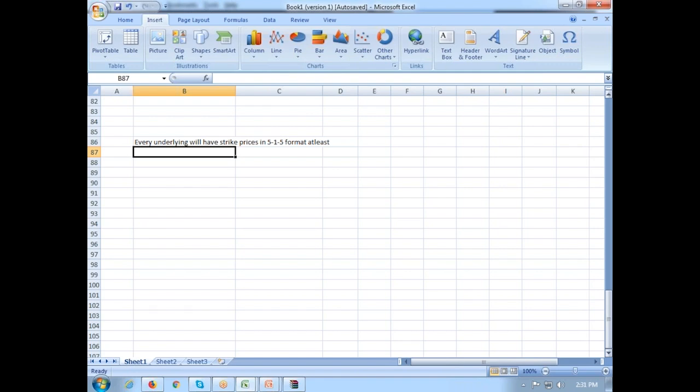That could be more than that. 515 means if right now a stock is trading at 1000, there will be 1000 as one strike, and 5 strike prices below and 5 strike prices above this.